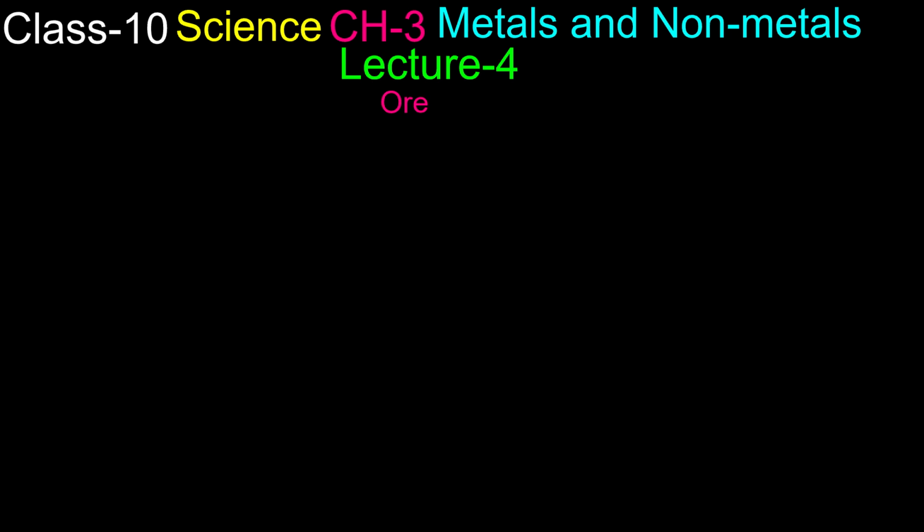The first step in extraction of metals is concentration of ore. Minimizing of gangue in the ore is called concentration of ore. The second process is decomposing or displacing the metal to be extracted in its compound. The method of reduction adopted depends on the reactivity of the metal.